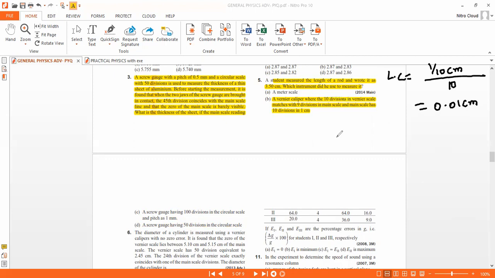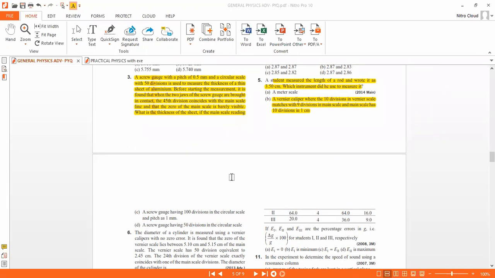And 3.5 centimeter I can write as 3 plus 50 into 0.01, but 50 is not possible. So this one, B, because in screw gauge we get it in millimeters.